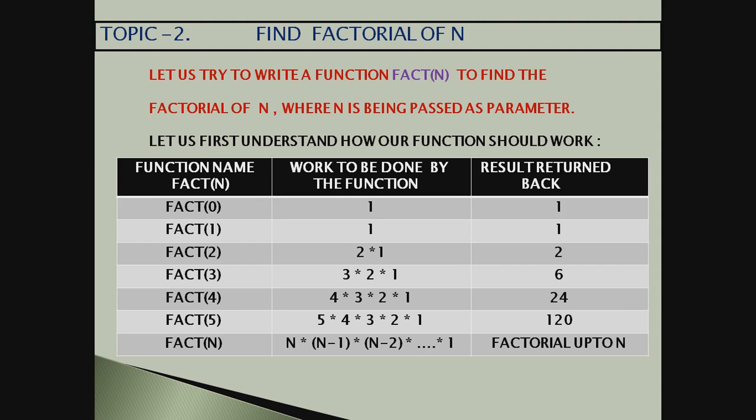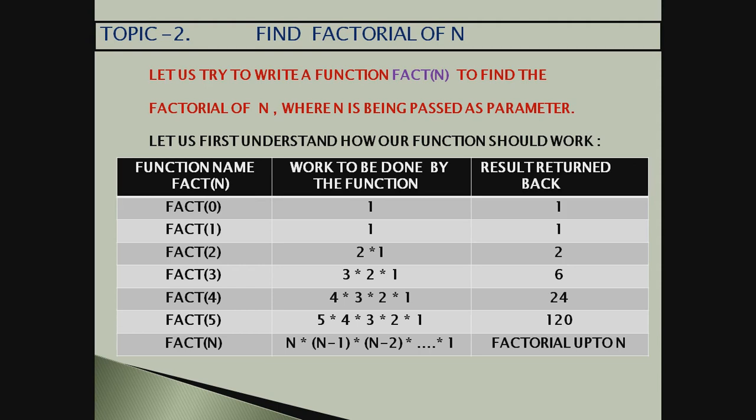Now we also understand that 1 is not given by one fact function only. Two fact functions are capable of giving that minimum value. That is, fact when passed with 0, it also gives 1.